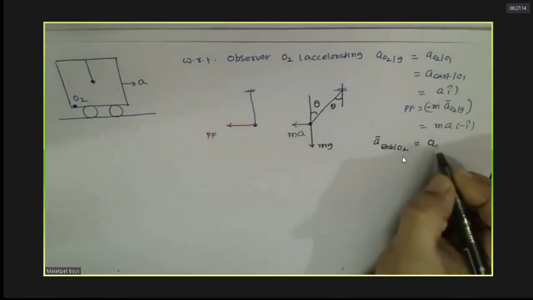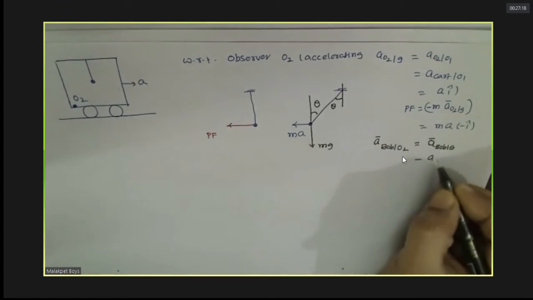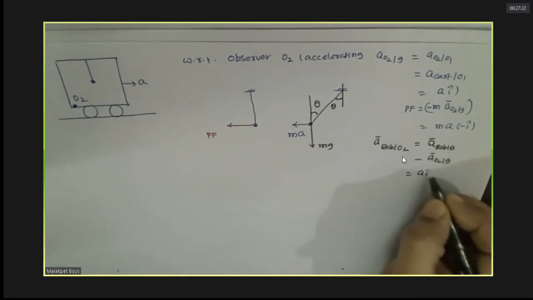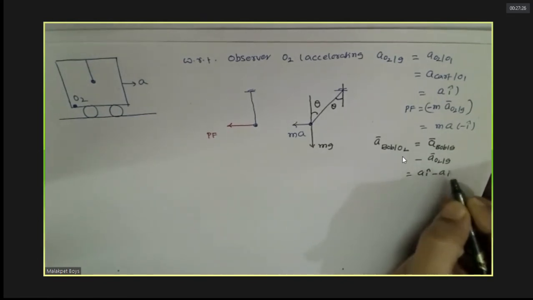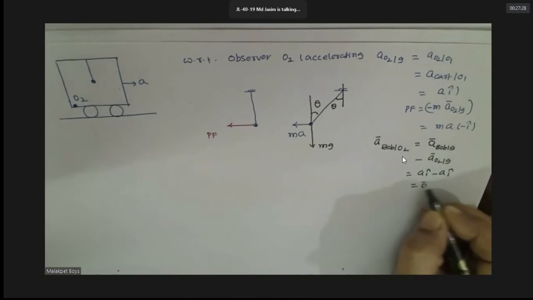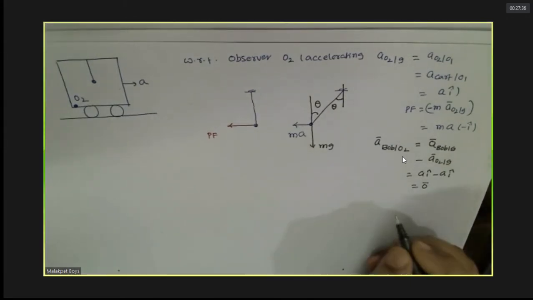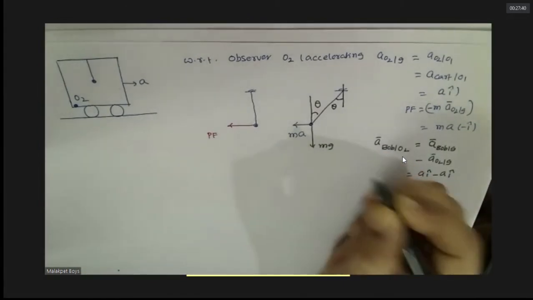Because it is the acceleration of Bob with respect to ground minus the acceleration of O2 with respect to ground. Both are in the same direction. Do you agree? Agree, sir. So now this fellow has no acceleration.